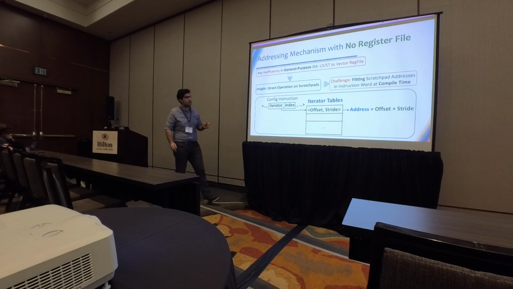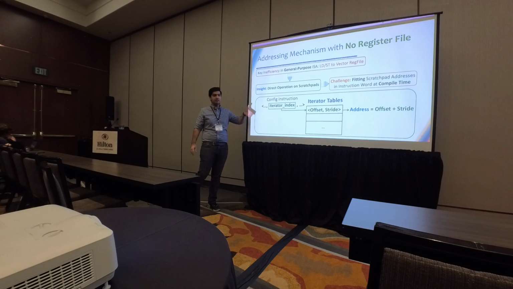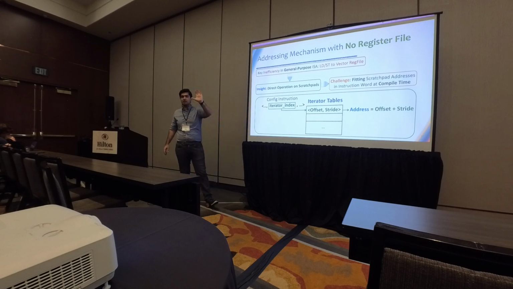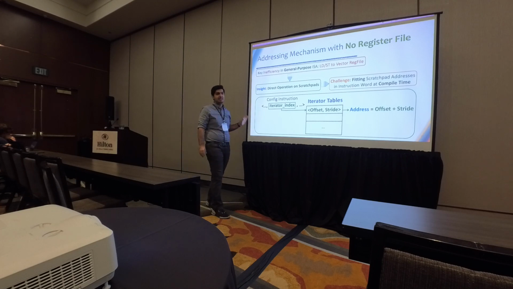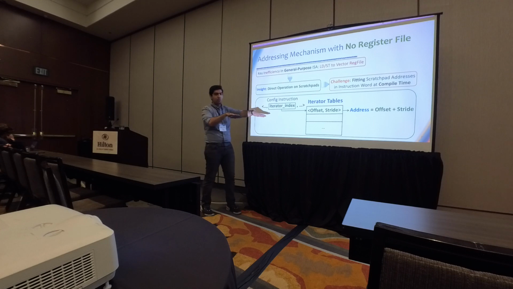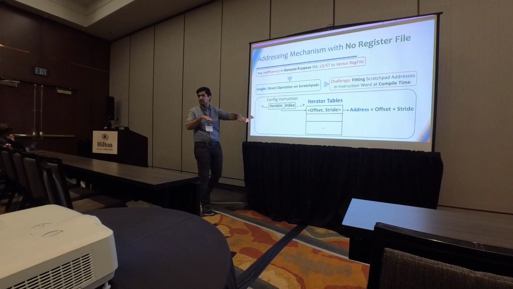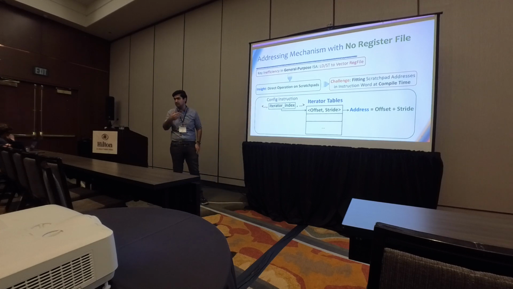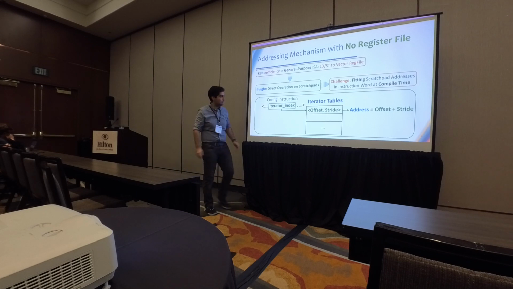The insight that we had was, let's introduce the concept of an iterator table, and let's put that iterator table at the front end of the Tandem processor. At compile time, the compiler can figure out what the access patterns are going to be to these vectors or tensors that the Tandem processor is going to use.